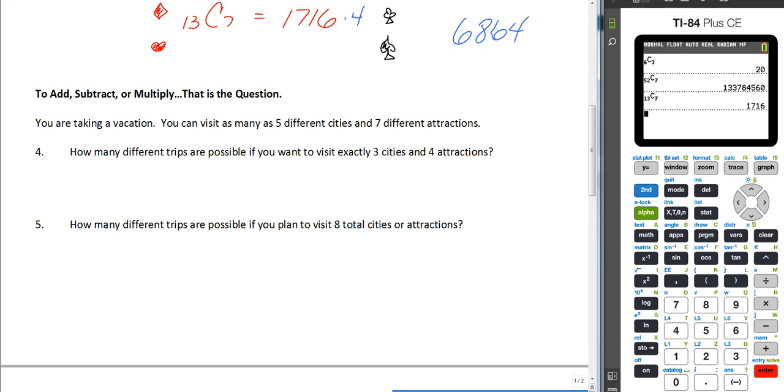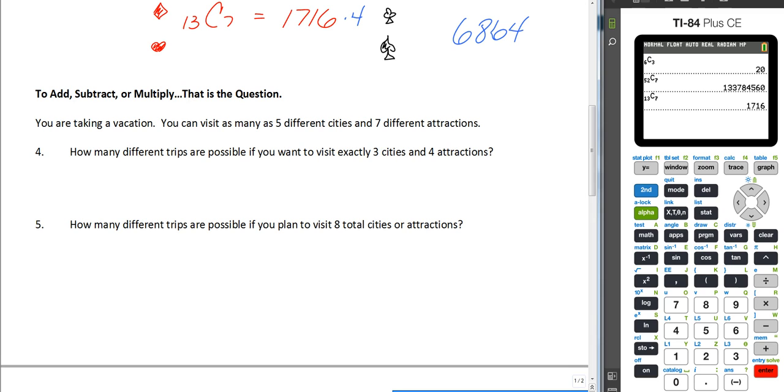So here's the thing. We're going to take a vacation. And we can visit as many as 7 different cities or 5 different cities and 7 different attractions. So we have a set number of each that we can do. So if we're going to go to exactly 3 cities and 4 different attractions on our trip, how many different trips are possible?